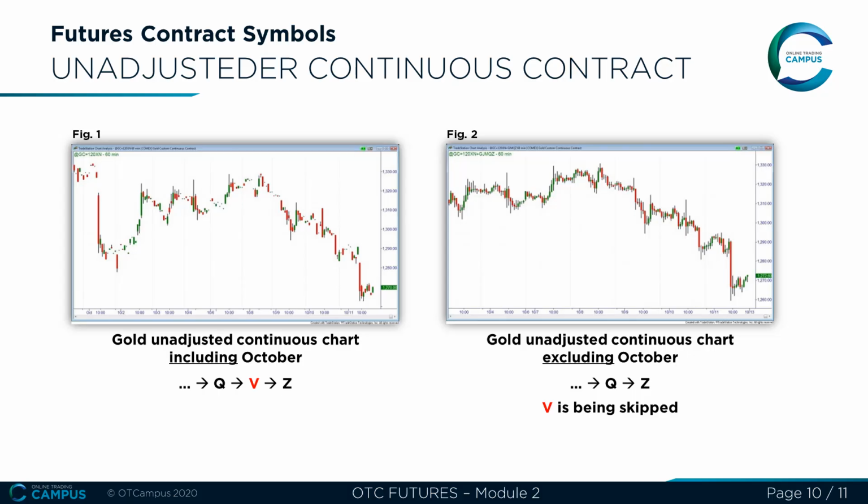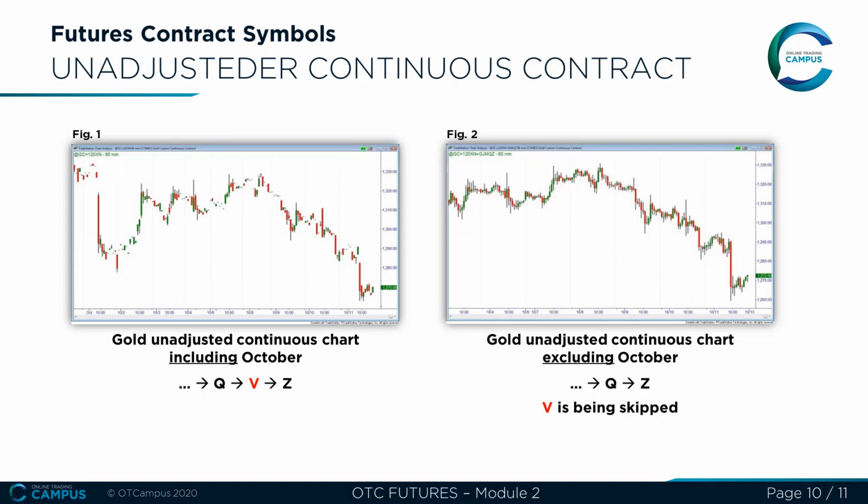To eliminate this problem, we need to adjust the symbol to chart only months that have the most volume and open interest. To see gold trading with the most active contract month, a trader using TradeStation should use the symbol @GC=120XN plus GJMQZ. Notice the letter V is missing from this list of the contract months.